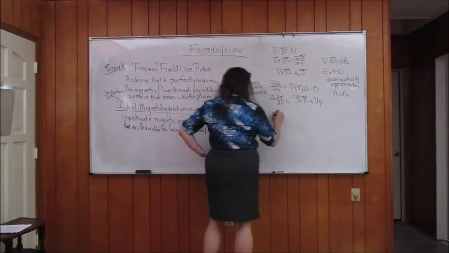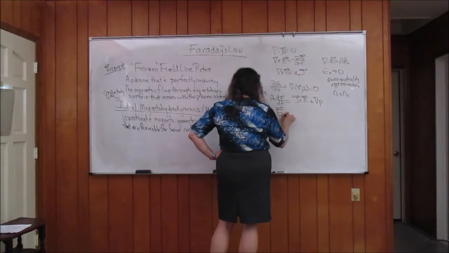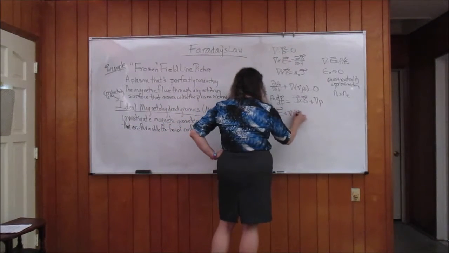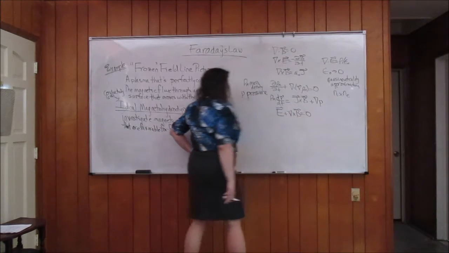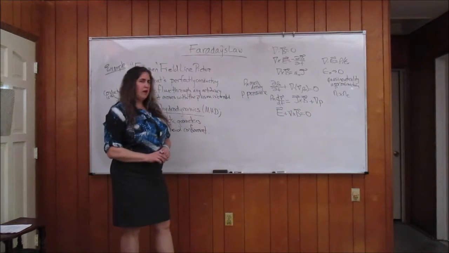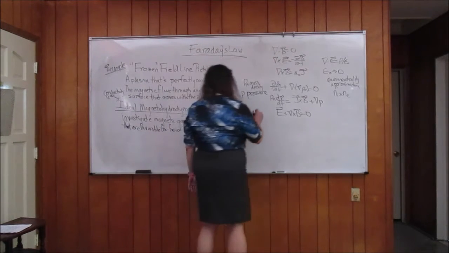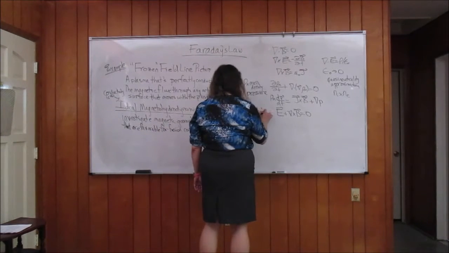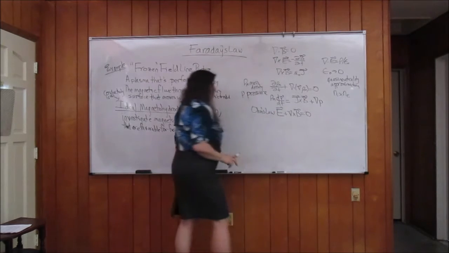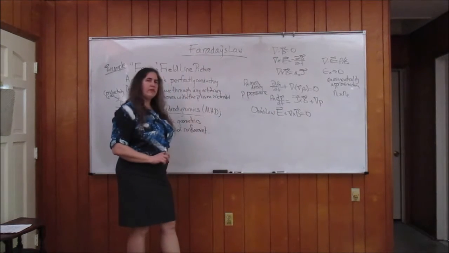We also have Ohm's law, in a little bit different form. The electric field plus velocity crossed into magnetic field is equal to zero. And I'll show you in a minute how you arrive at this expression.